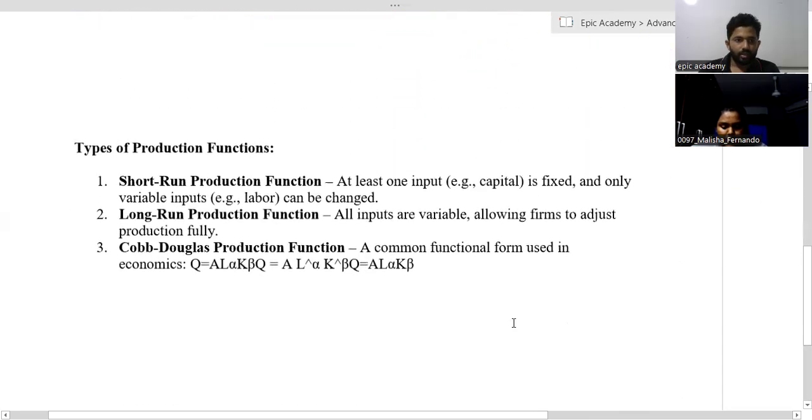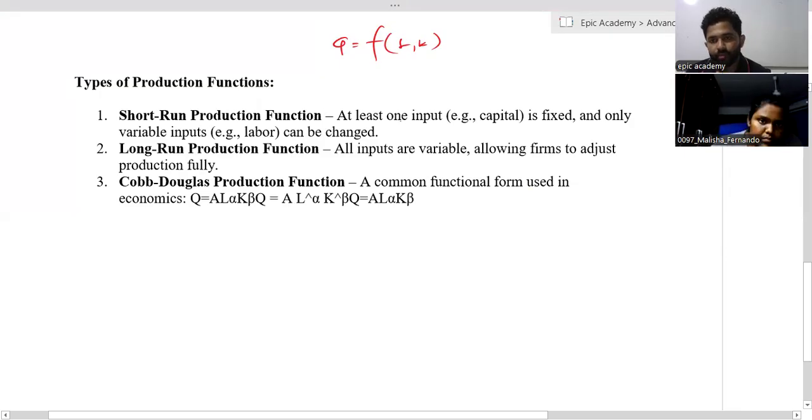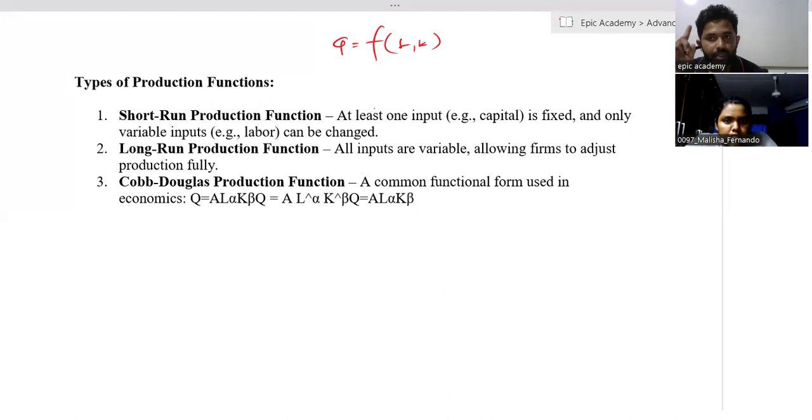Yes. Now we can identify the types of production functions: short run production function and long run production function. As an example, you already identified Q equals F within brackets L and K. So in the short run production function, at least one input is fixed.